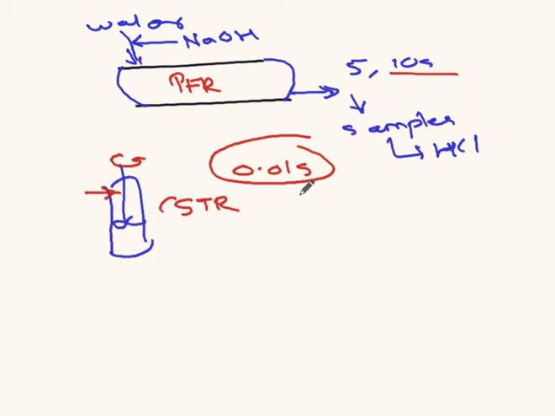Okay, so say suppose at zero time when I'm going to see the concentration of my CSTR, say suppose the NaOH that I'm going to add is of 5 molar concentration. Okay, now at zero time when I'm going to really start my sampling, the concentration inside would be 5 molar.